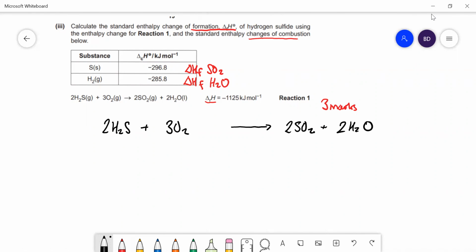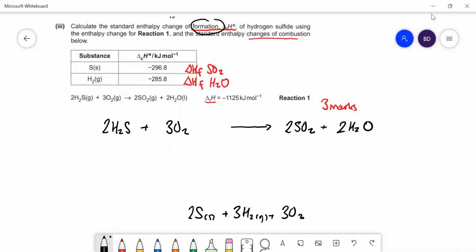Right, we're using delta H formation. So the third thing we should have in our cycle here are the elements in their standard states. So I'm going to have sulfur, 2 of those, 3 H2, and 3 O2.